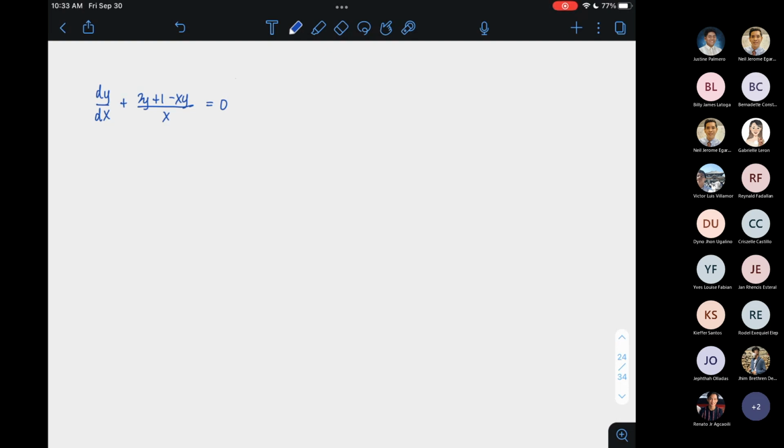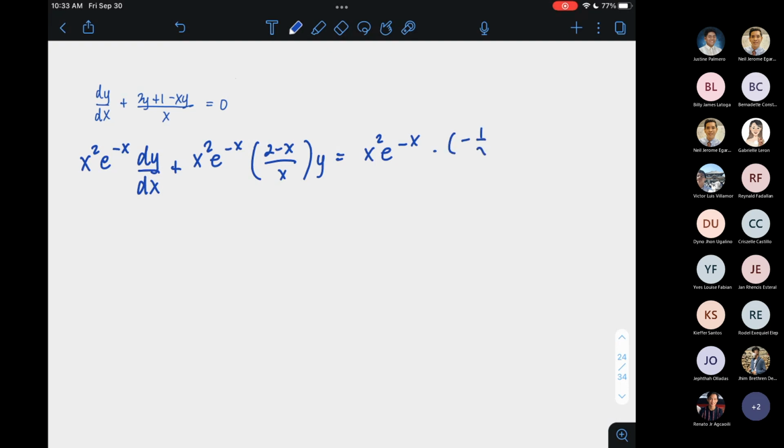So we'll have x squared e to the minus x times dy over dx plus, mali pala yung nakopy ko, no? So this should be x squared e to the minus x times 2 minus x over xy. Tama ba? Yun, no? Equals negative, times x squared e to the minus x times negative 1 over x.